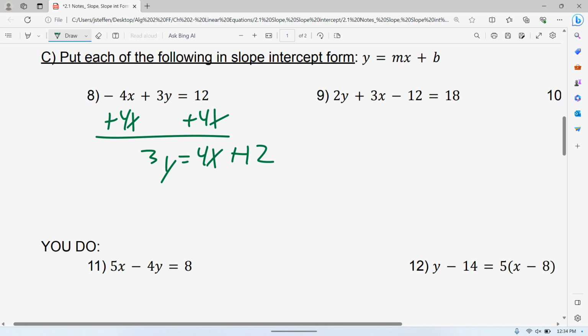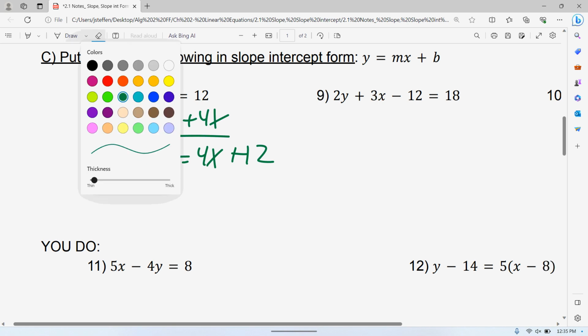If you have to solve for y, you need to get the y by itself. So we have 3 lines together.